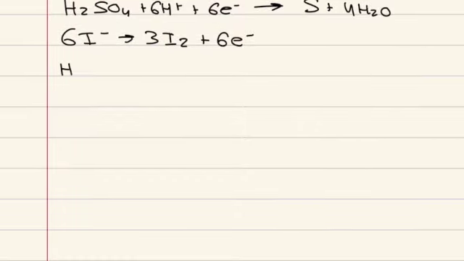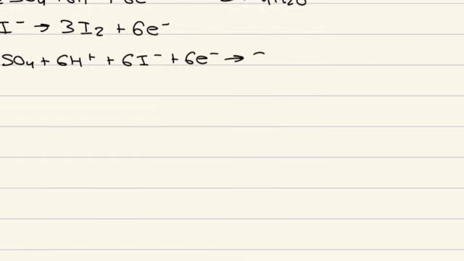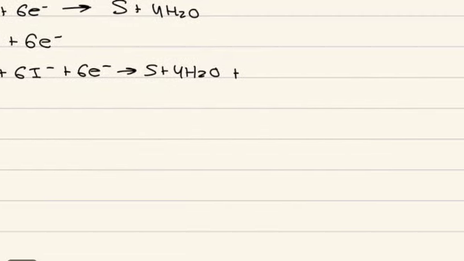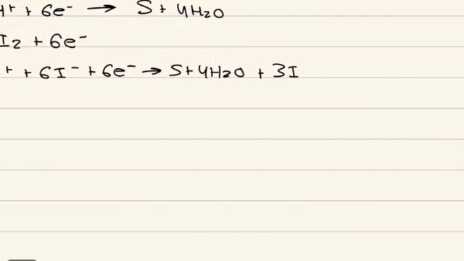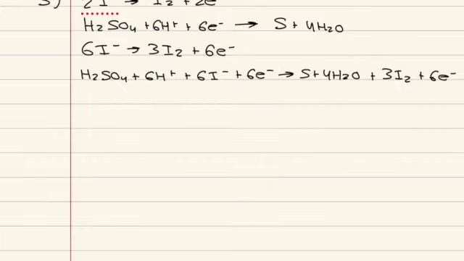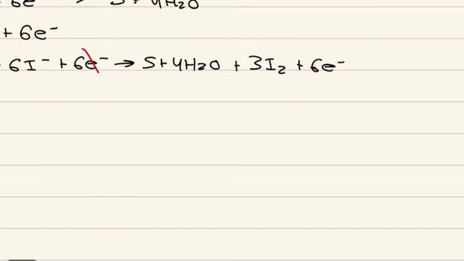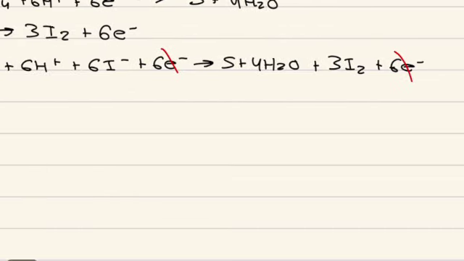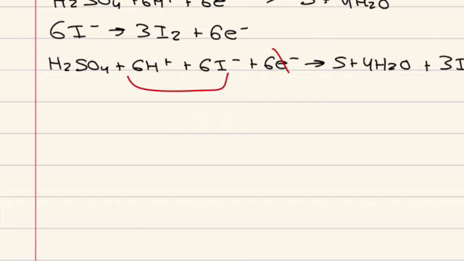So now let's combine our equations. And then we can see now that we have 6 electrons on each side, which cancel out. Then we can combine these two like we did last time.